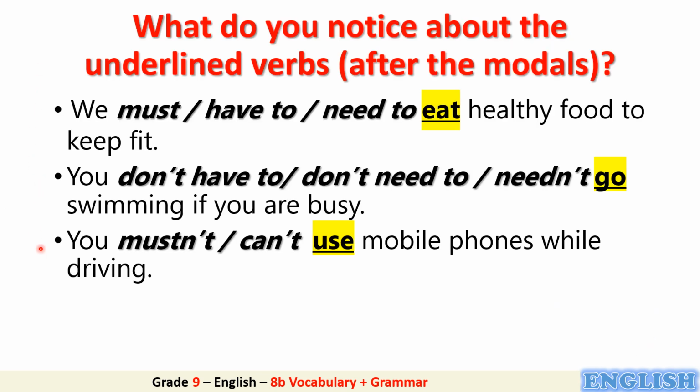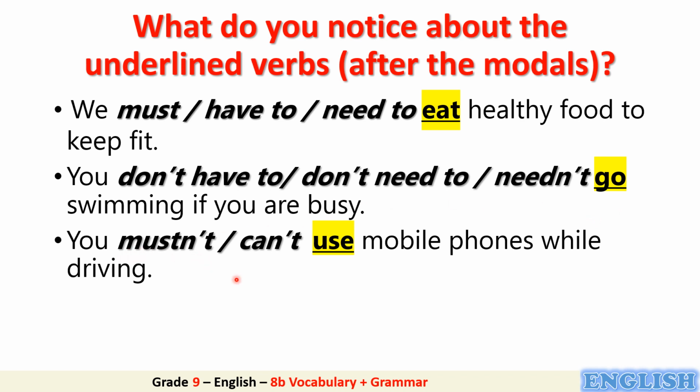Look at the following examples. What do you notice about the underlined verbs after the modals? Here, after must, have to, need to, we use eat. After don't have to, don't need to, and needn't, we use go.